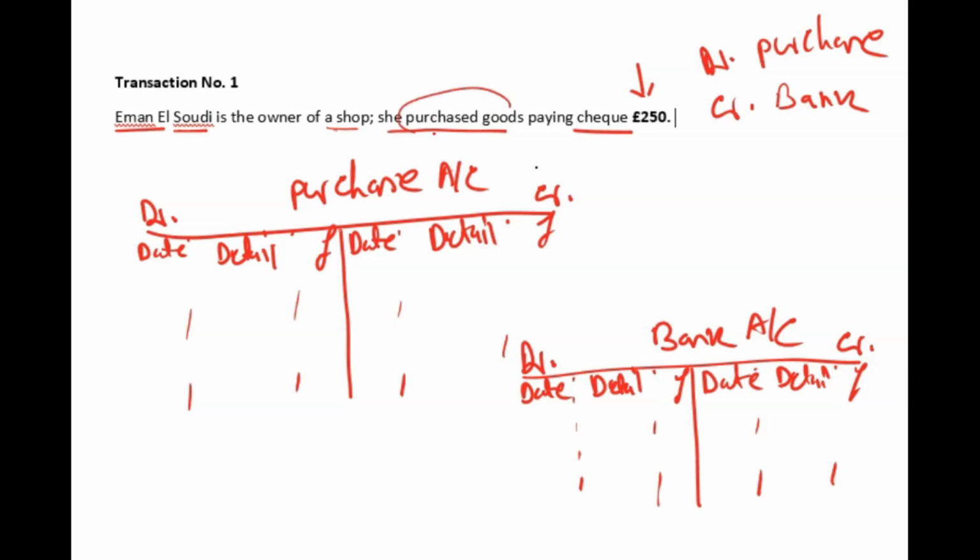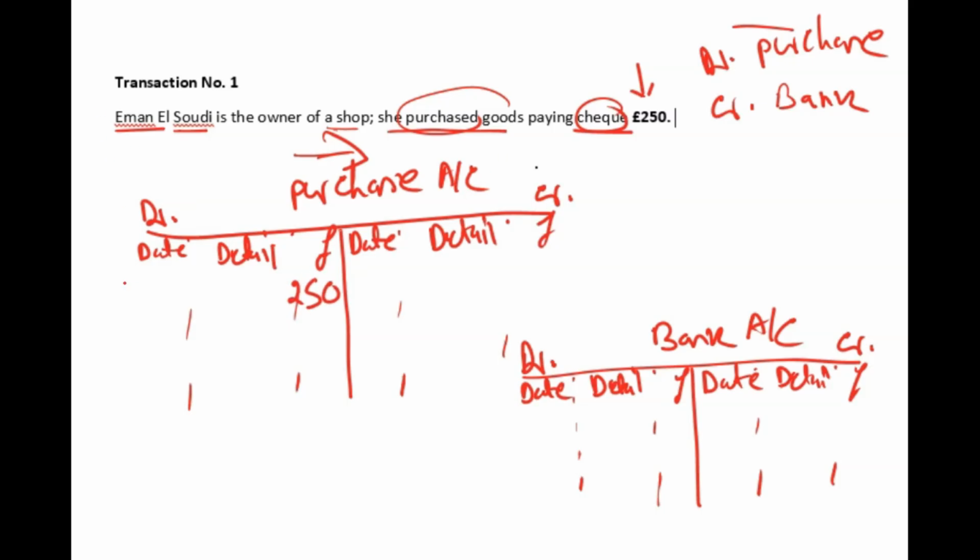Now we have already identified one debit and one credit item. We said every transaction has two aspects, dual effect, one debit, one credit, with the same amount of money. So the purchase account should be debit. Go to the debit side and write the money first, 250. That's how you identify it's a debit.